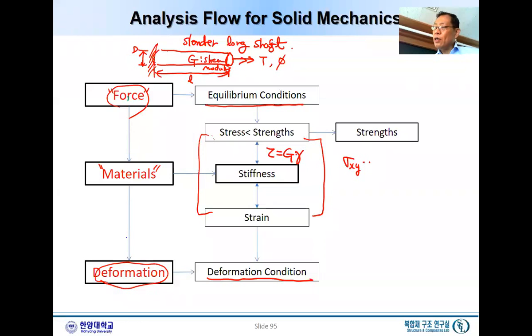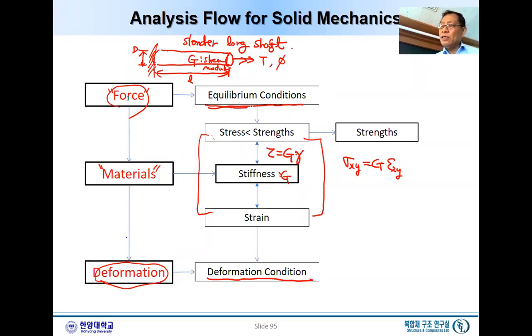Sigma xy equals G epsilon xy is the same thing. But this cross section is circular. We will use the symbol tau for shear stress and gamma for shear strain. And stiffness is the same, G. So this is the material property which we will use in deriving this torsional behavior.